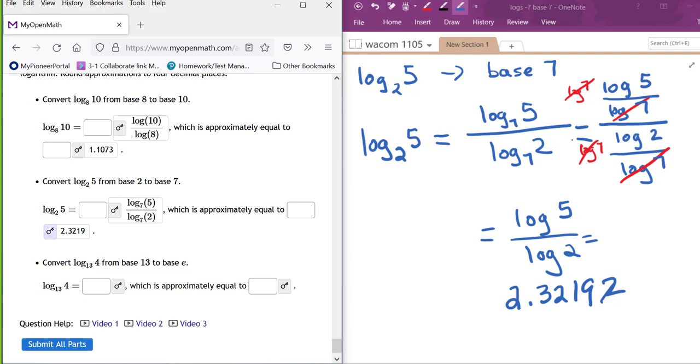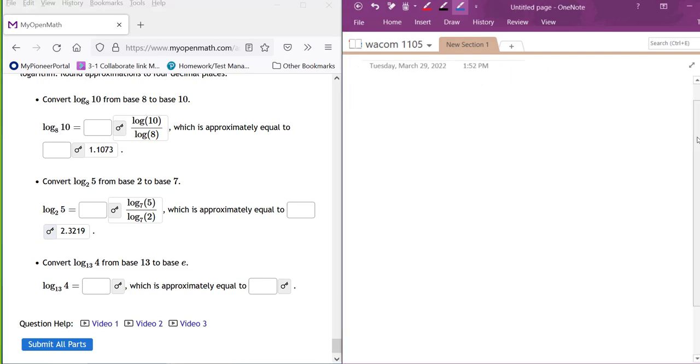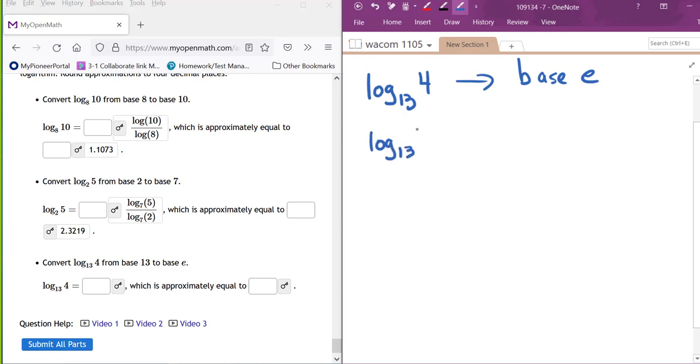Right, so we have one more, and this one asks us to convert to base E. Base E is nice because it's in your calculator. So we'll say we're going to base E. So this is what we're starting with.